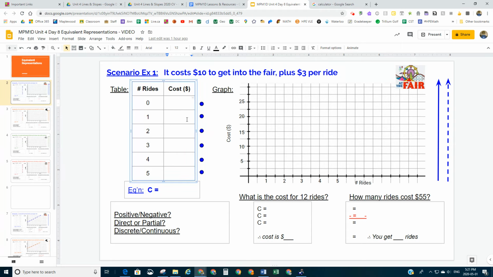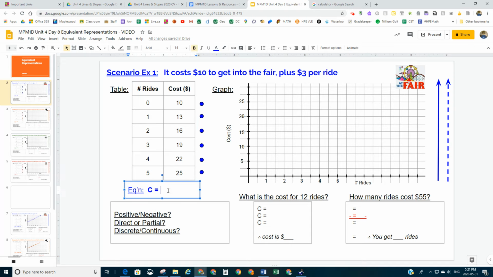So we're going to start by saying, obviously, if 0 rides, it costs us still $10 just to get in. And then at $3 per ride after that, so we can go up by 3s, 22, and 25. We can check that last one. 5 times 3 is $15 for the rides, plus $10 to get in is 25.